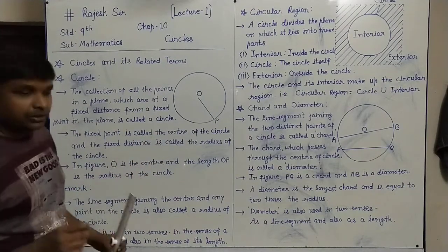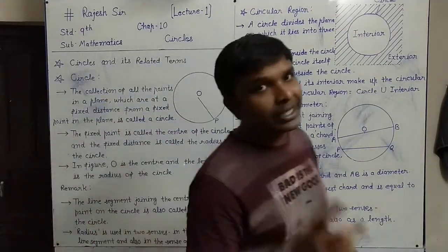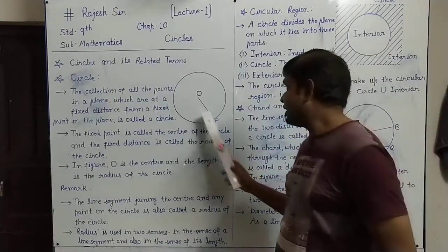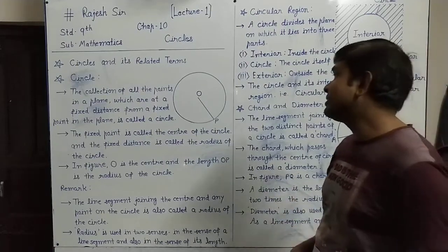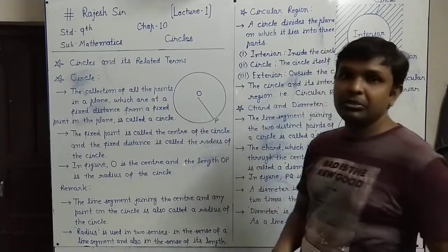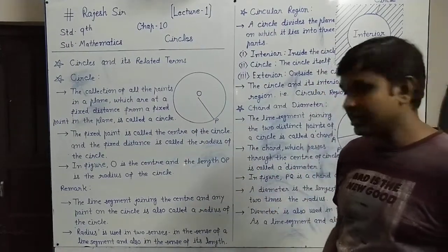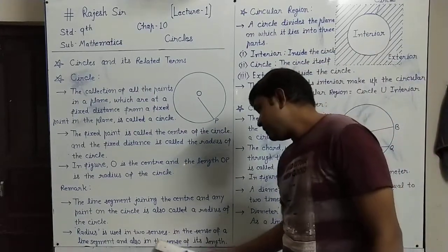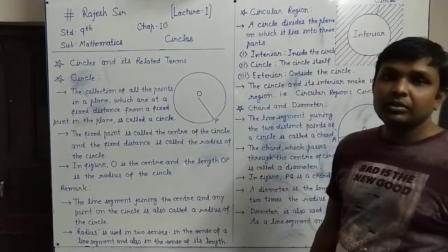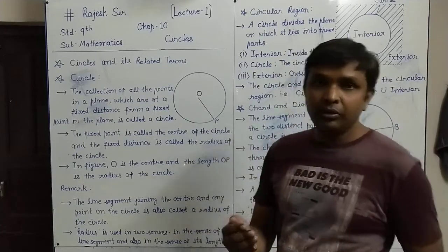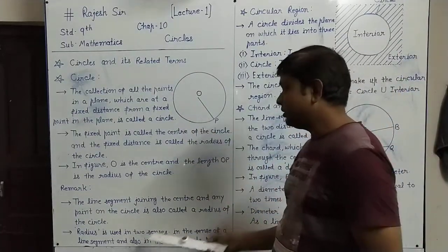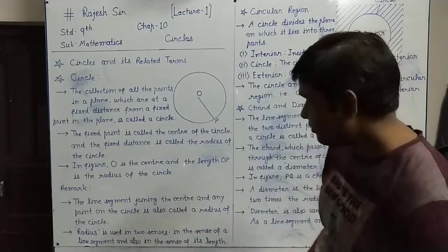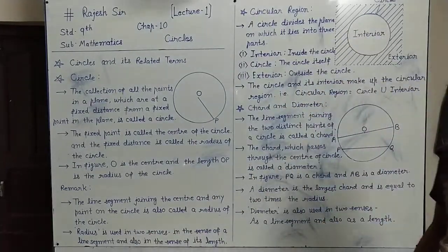So you can say it is a line segment joining the center and any point on the circle, and you can say it is the fixed distance from the center to the circle. It is a line segment as well as a length. So to show the radius, we will simply use the word radius, both as a line segment and as a length.